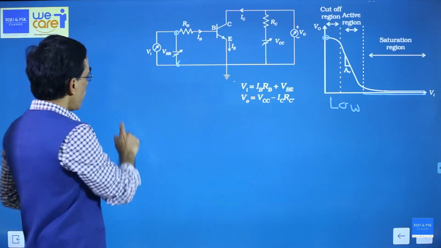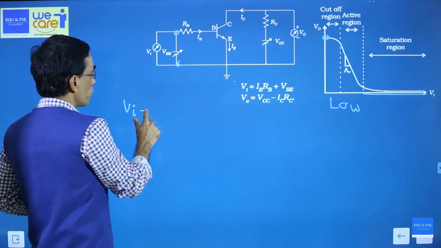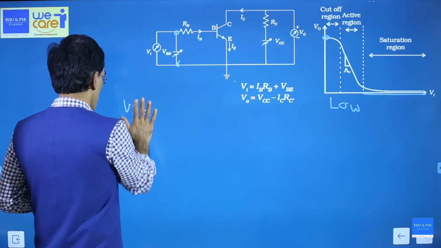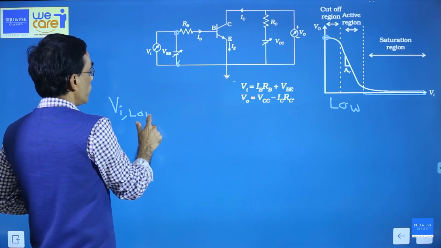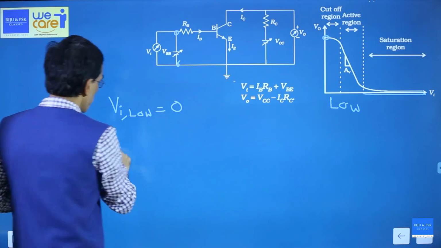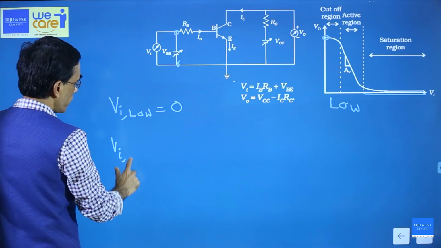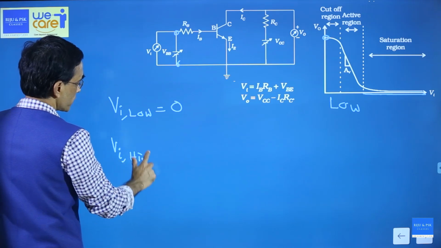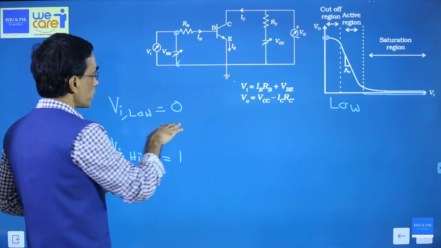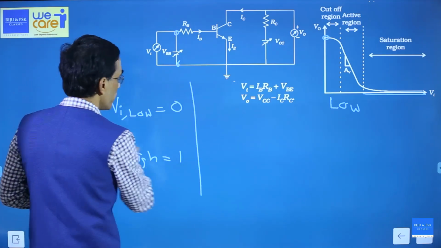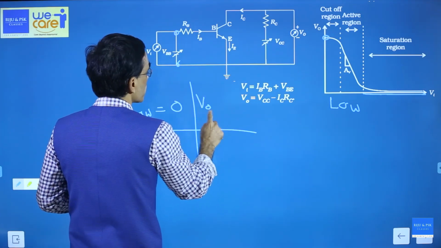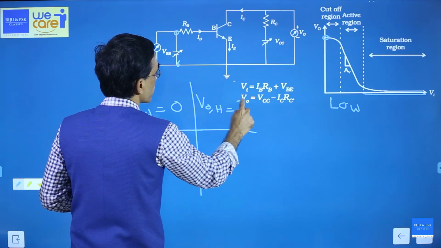If you call a low input, Vi low, as 0, and a V input high as 1, 0 stands for one level, 1 stands for the other level. If V input is low, we proved that V output will become high, and that is taken as 1.